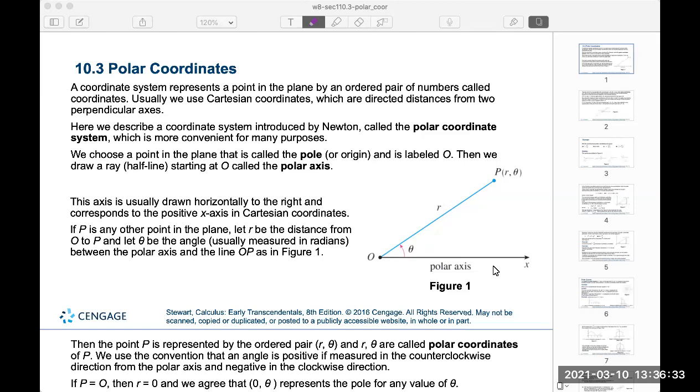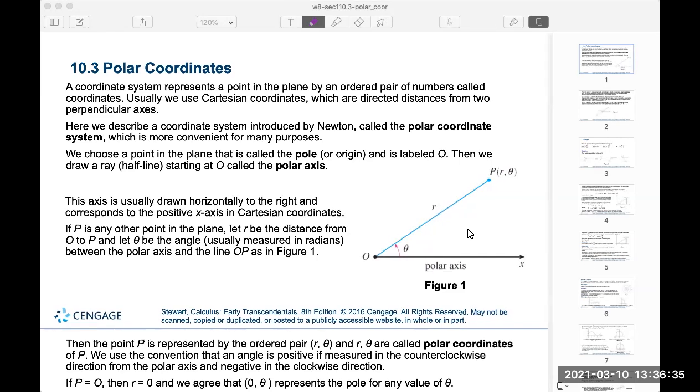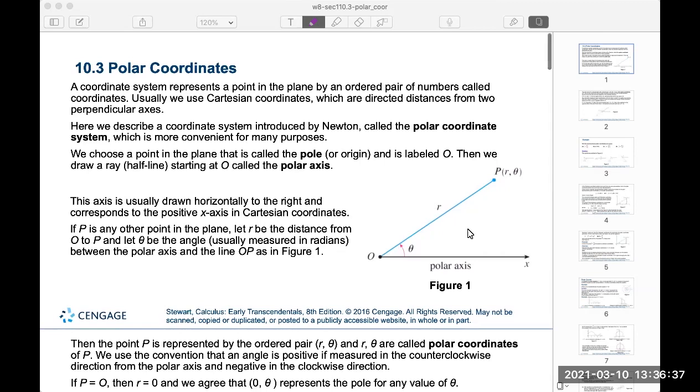For example, we normally deal with the OX, OY coordinate system like this one.